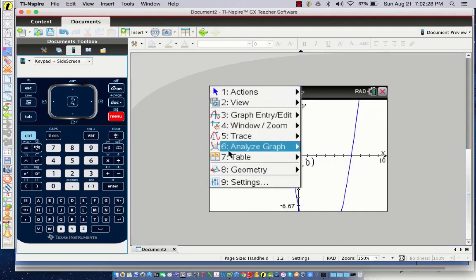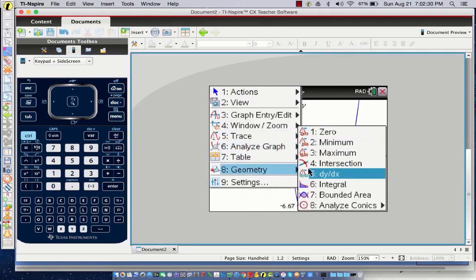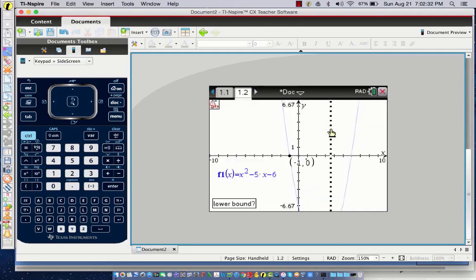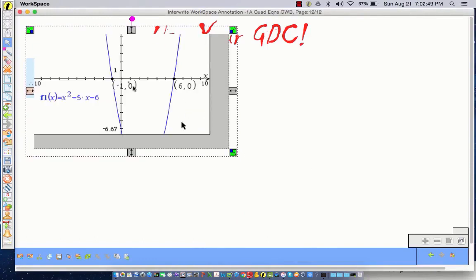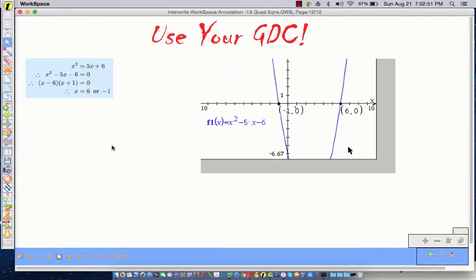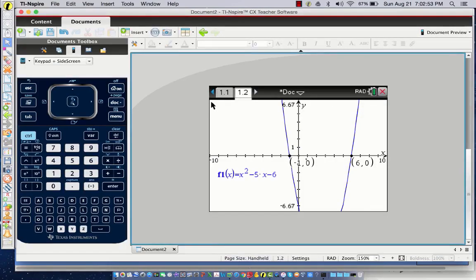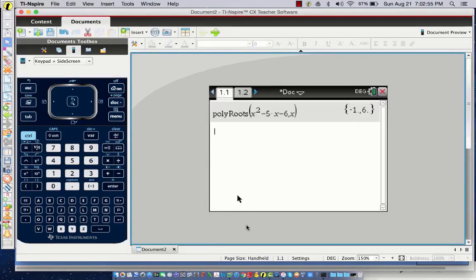I have another one over there, Analyze Graph, find the 0, left of the intersection, right of the intersection, and there we have it. I'm going to copy this real nice for you and put it so you have it to see. So you have it that way, or we go back here and you have it this way.